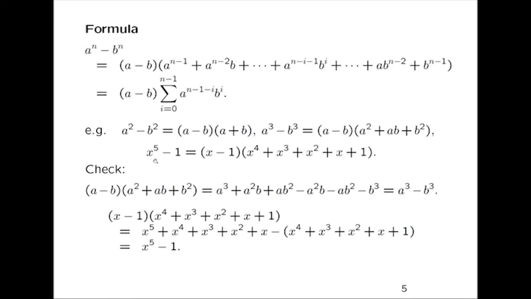And x to the fifth minus 1. Then just this is a is equal to x, and b is equal to 1, and n is equal to 5, because 1 to the fifth power is equal to 1. Then if you plug into this, replacing a by x and b by 1, then you have this form.